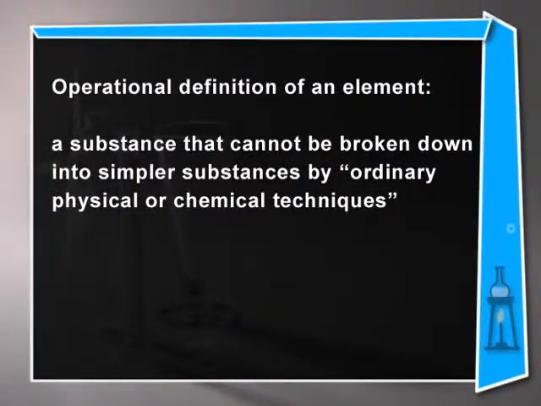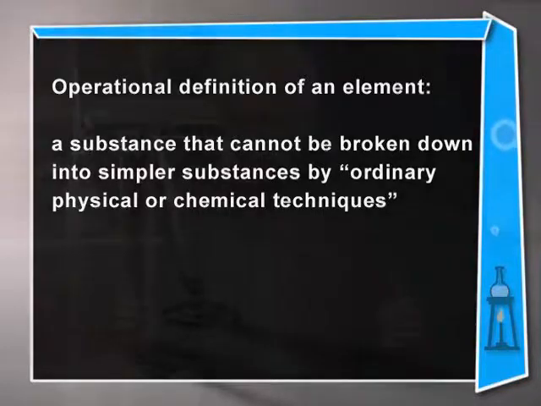But eventually chemists developed experimental procedures that were sufficiently sophisticated that they had great confidence that when they declared something to be an element, it actually was. So that has become what is called an operational definition of an element, something that cannot be broken down into simpler substances by what are often referred to as, quote, ordinary physical or chemical techniques.